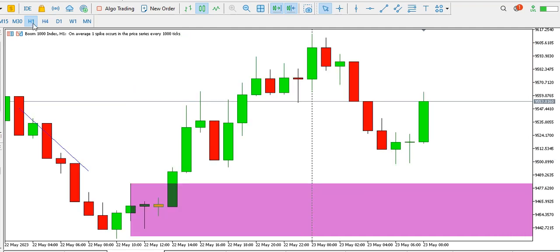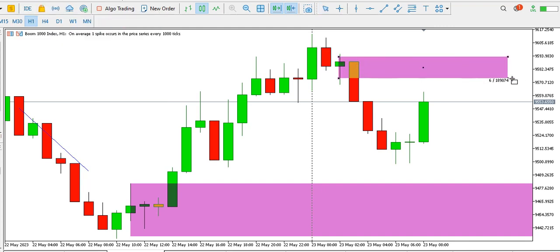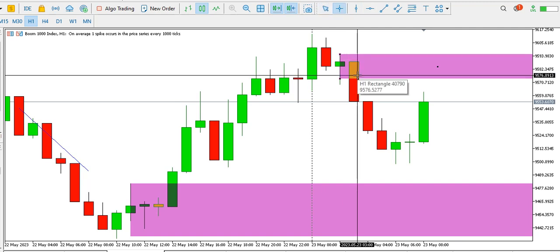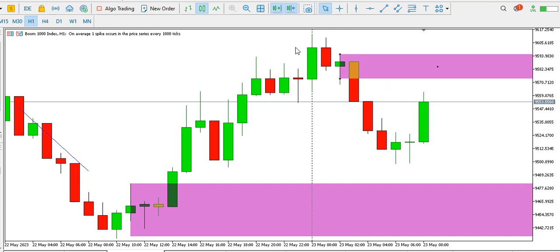Okay, on the 1-hour time frame, we can see that price is trying to form a bottom, and price might target this order block at the top. We have this order block, could be a target. I'm talking about the 9576 area. Of course, as price goes up, it leaves behind support, and the support that you can see is around this particular order block.